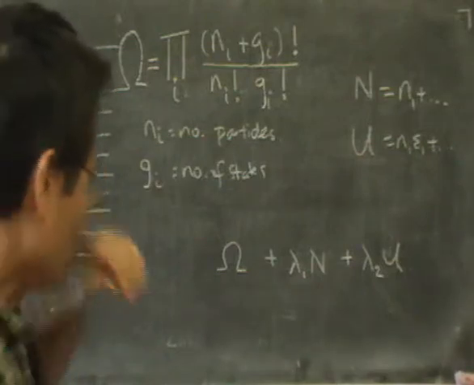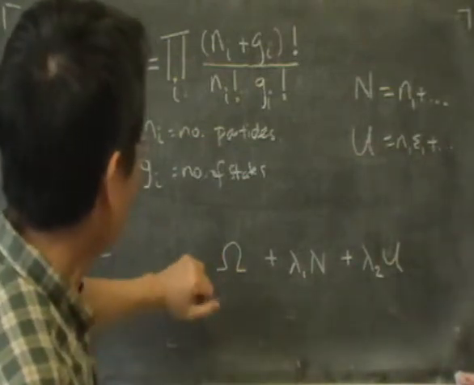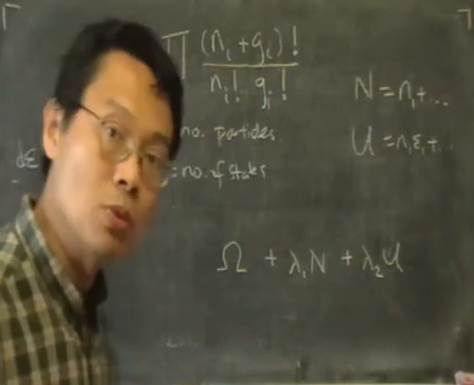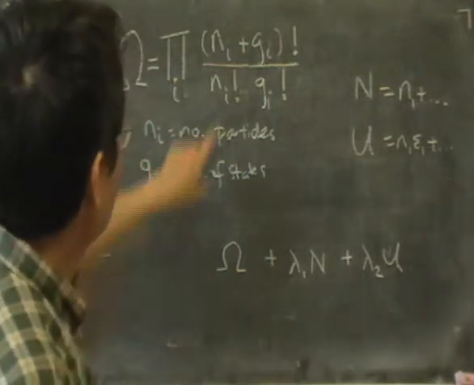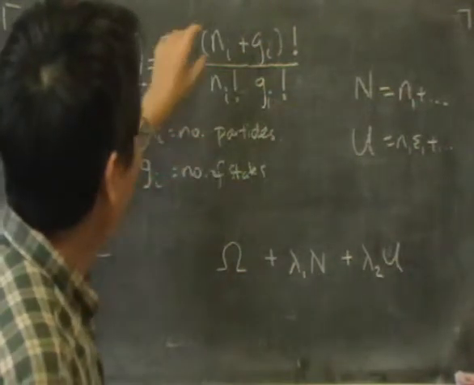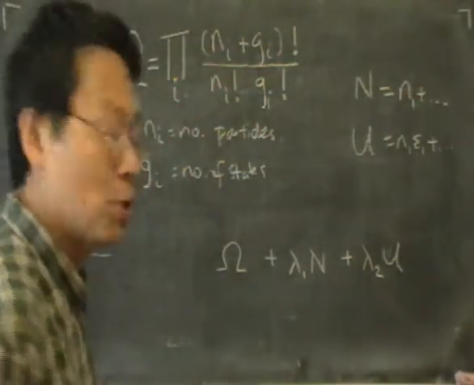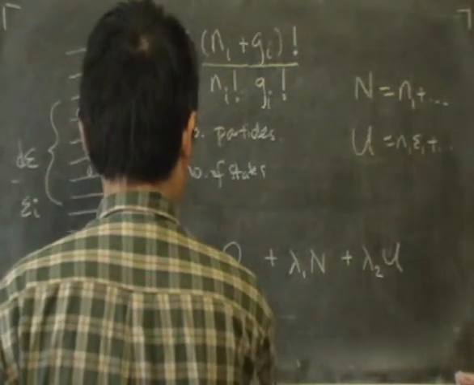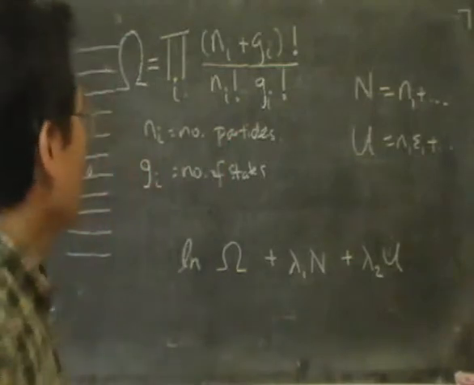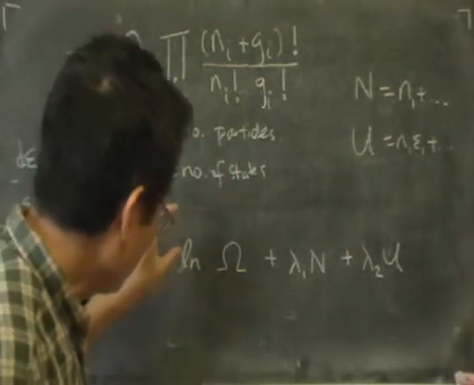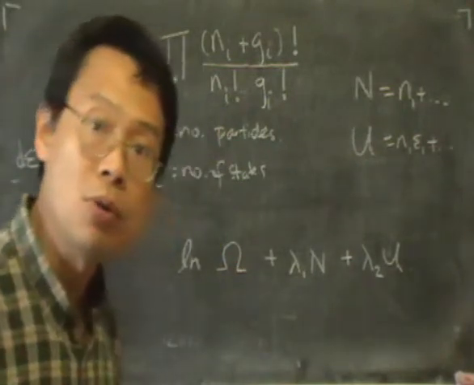And as for the Boltzmann distribution, we also know that when we maximize a function, we need to differentiate it, and factorials are very hard to differentiate, but for very large numbers, we can use Stirling's approximation, which involves taking a logarithm. So we would instead find the maximum for the logarithm of omega.